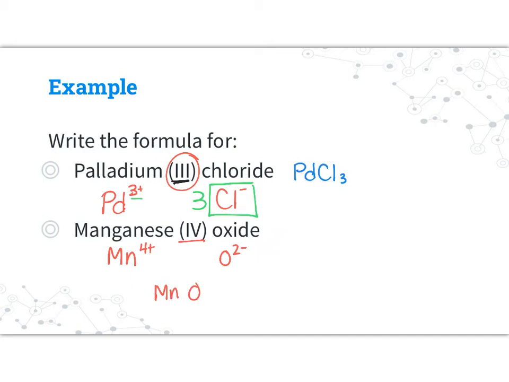Mn and O. O's charge becomes the subscript for Mn, and the value of Mn's charge becomes the subscript for O. Whew, that was hard to think about. All right, so we need to divide both by 2 because 2 and 4 can both be reduced, to MnO2. So I think that multivalents make this a little bit easier because I don't even have to go looking for the charge. It's right there in its name.